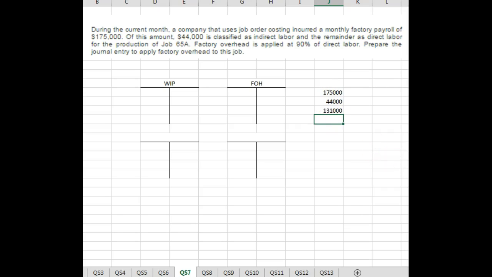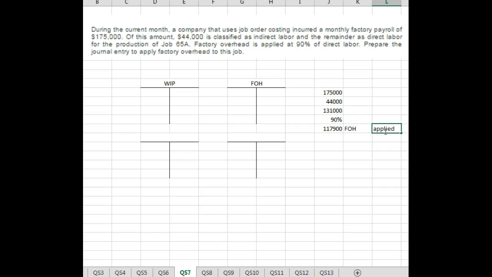Now, I'm going to multiply that times 90% to come up with the factory overhead. So that would equal 131 times 90, $117,900. Now this is not true overhead, it's applied overhead.